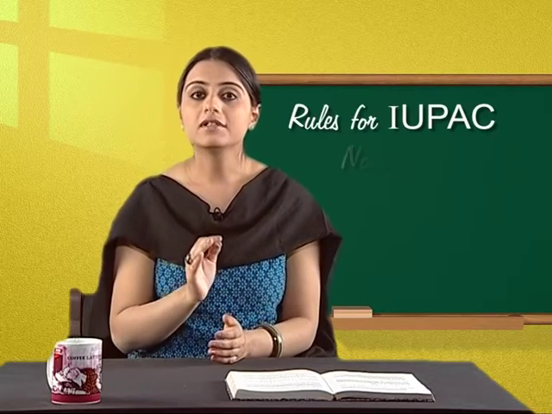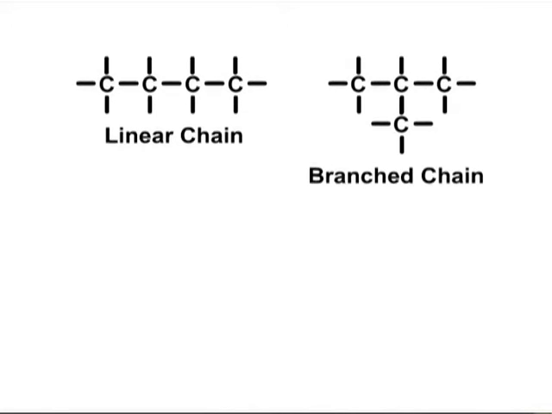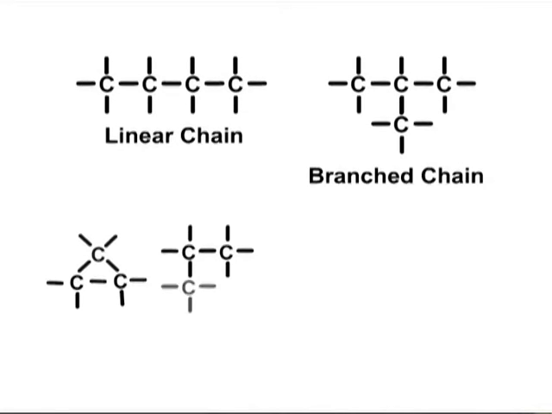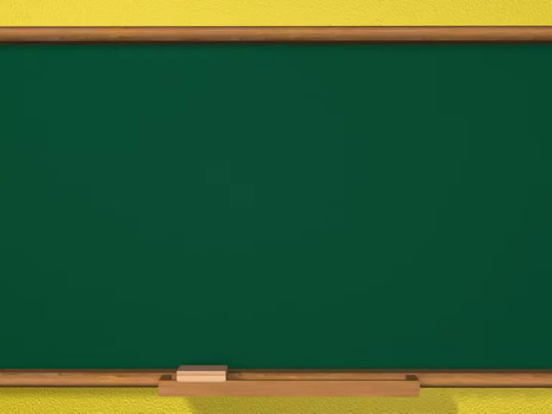Therefore, carbon atoms can link with one another to form either linear chains of varying length or branch chains and even rings of different sizes as shown on screen. You will find that in all compounds, carbon atom is tetravalent. Catenation is responsible for large number of organic compounds.